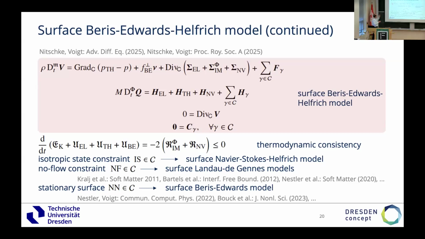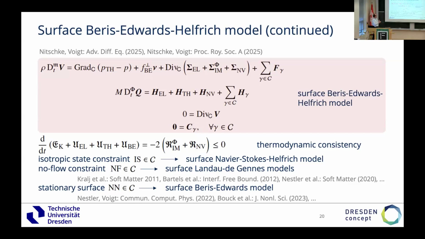We still have our material time derivative for the velocity. Now we have this additional thermodynamic pressure term here. We still have our bending force, and then we have a more general stress field here, where we now have this nematic viscosity and additional contributions from the Q tensor field.